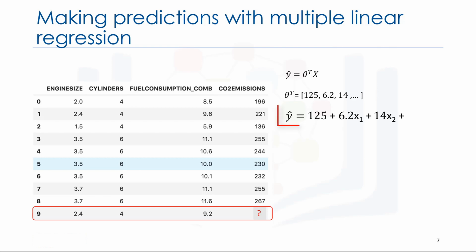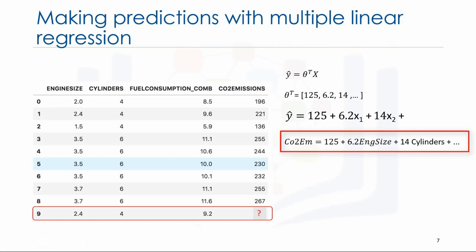For example, let's use theta 0 equals 125, theta 1 equals 6.2, theta 2 equals 14, and so on. If we map it to our data set, we can rewrite the linear model as CO2 emissions equals 125 plus 6.2 multiplied by engine size plus 14 multiplied by cylinder, and so on.